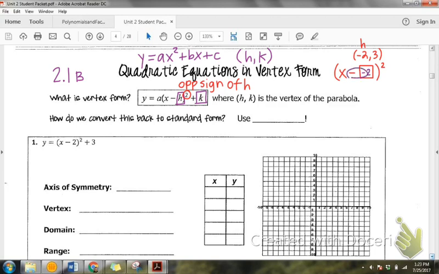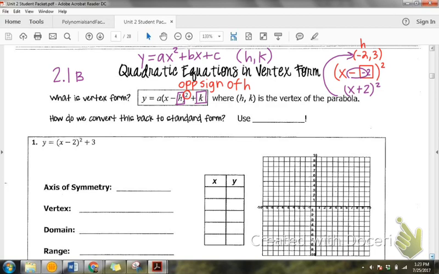Minus and minus turns into what? So then it's going to look like x plus 2 squared, but what was it really? It was really that negative sign, right? But because the equation says minus whatever your x value is, you have to be really careful about that. So it's going to be the opposite of our h value, all right?